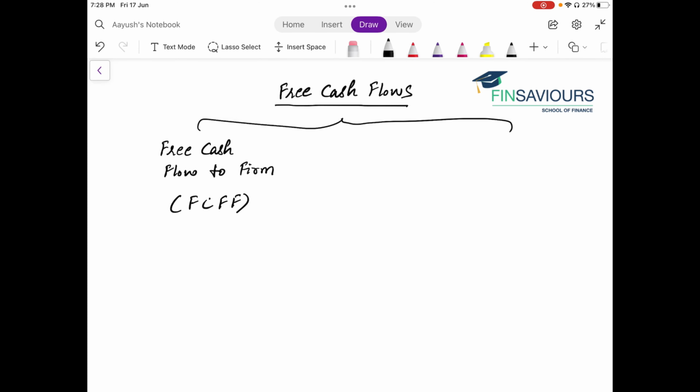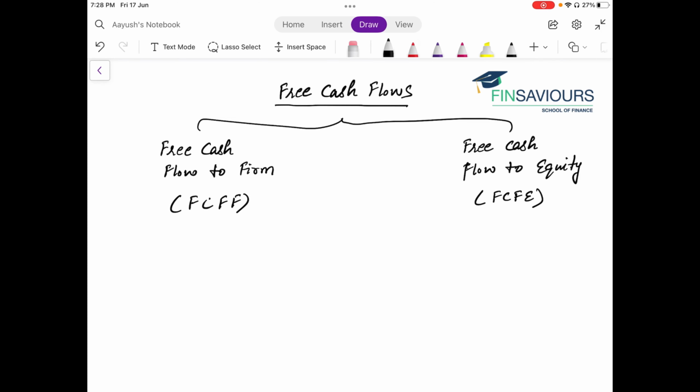And the other part is free cash flow to equity, abbreviated as FCFE.